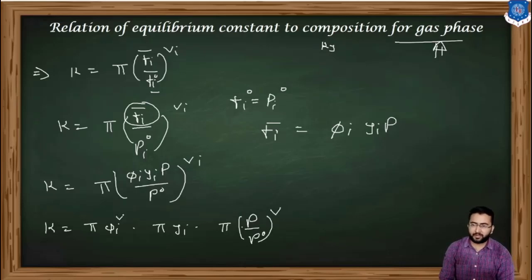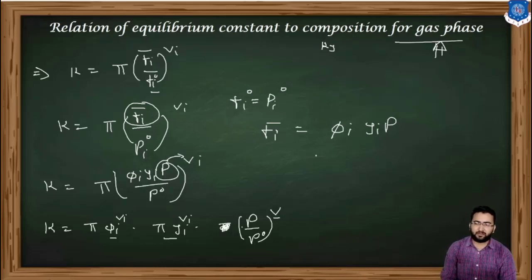Here there is a vi and here there is a vi. Here is the total pressure, so we have to calculate the total stoichiometric number. So here I just write the total stoichiometric number, where we take v, because we are going to multiply each term. So there will be no Pi here, there is only P upon P naught.